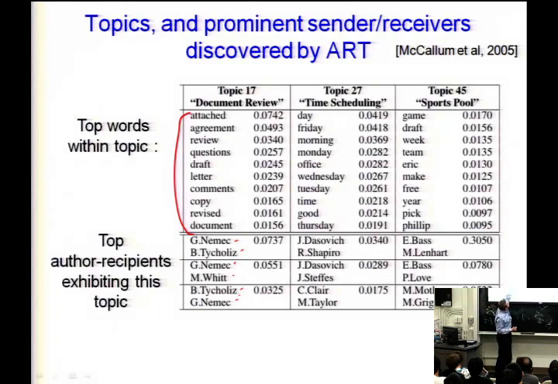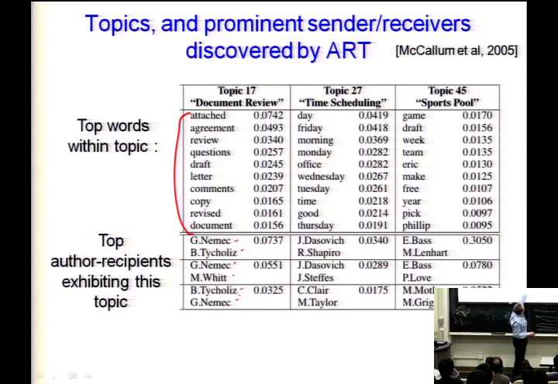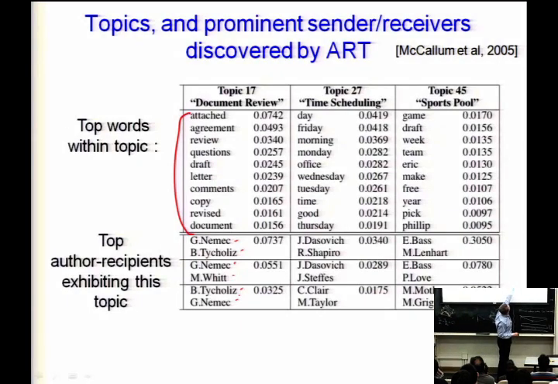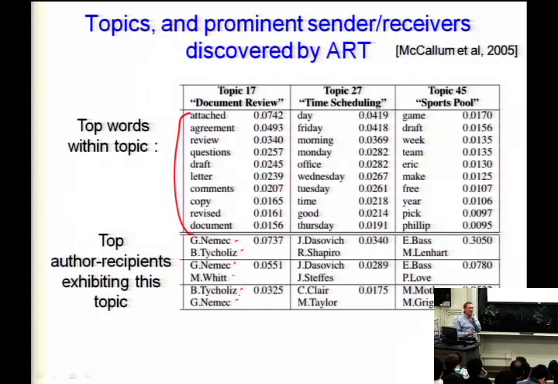That guy also sends to this person, and so forth. On the other hand, here's a different one that's about game, draft, week, team, pick. These people do that. And these people, who knows? Well, he thinks maybe it's about scheduling stuff. Okay, so these are the kinds of topics that show up in the email. And again, now they're conditioned on particular author-recipient pairs.